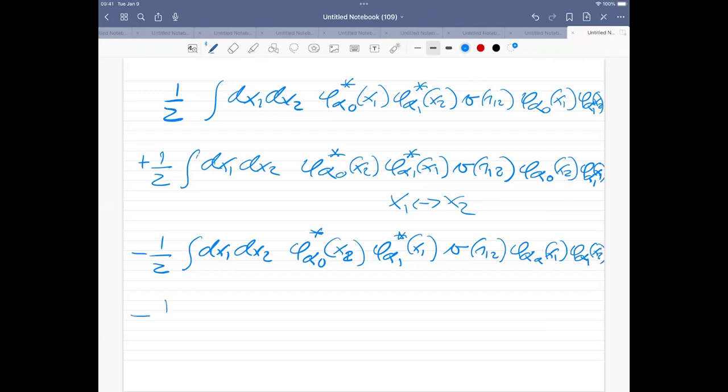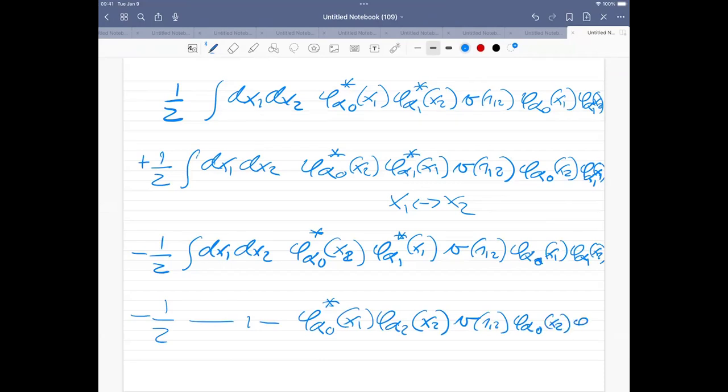And we have a corresponding term here, and I'm just going to put an equality sign here, but where we have phi alpha 0 of x1 times phi alpha 1 of x2, the potential r12, and then I have a phi alpha 0 of x2, and phi alpha 1 of x1.